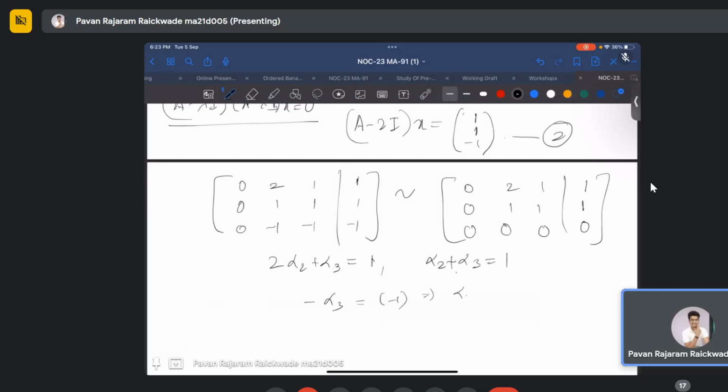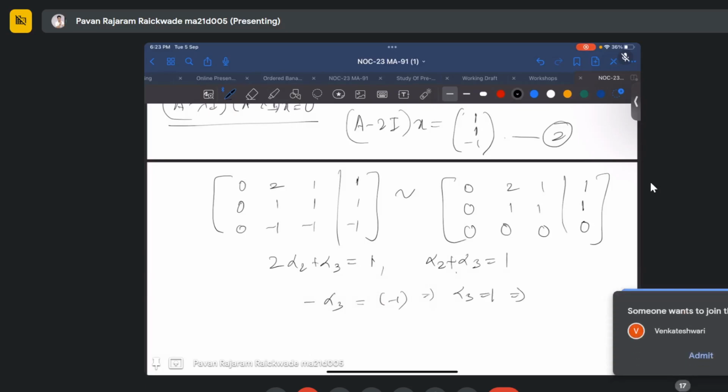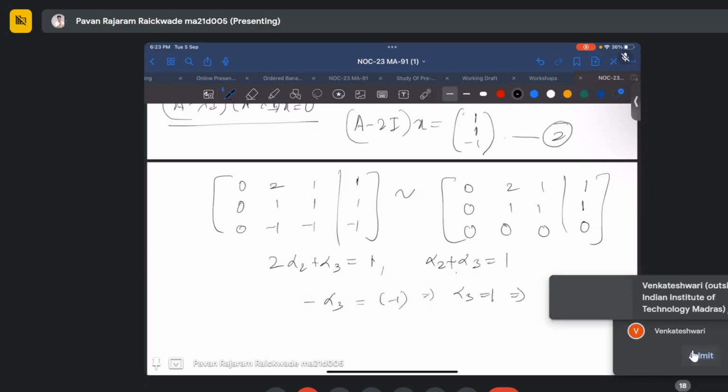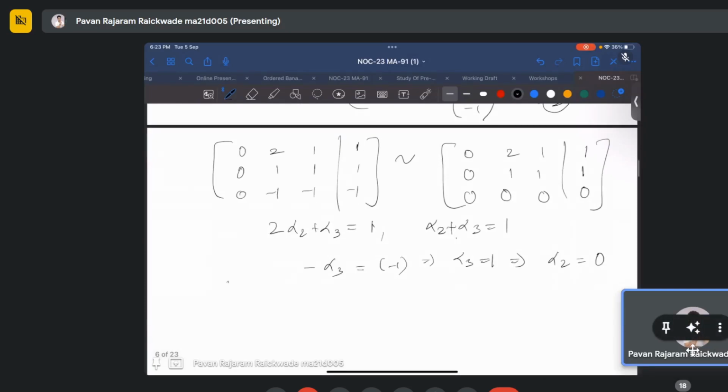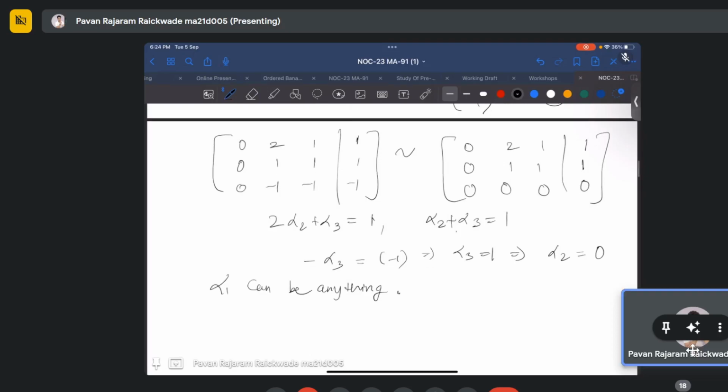So this implies alpha 3 is 1 and alpha 2 is 0. I think that will work. And alpha 1 can be anything. Alpha 1, we can take 1, anything.